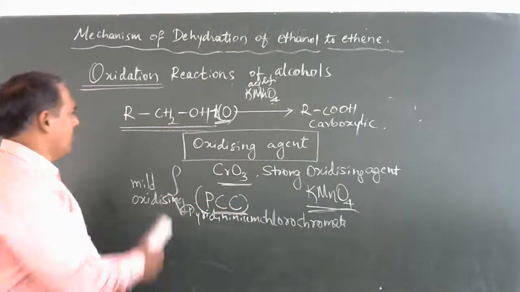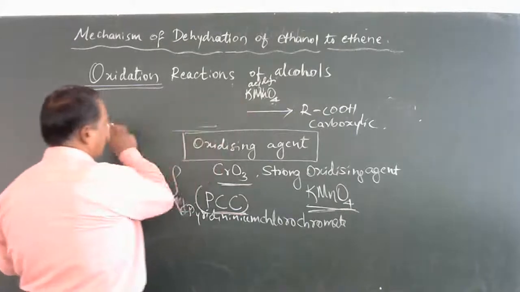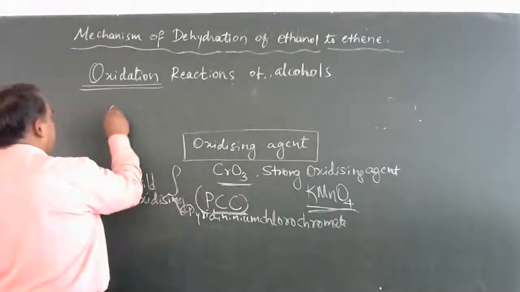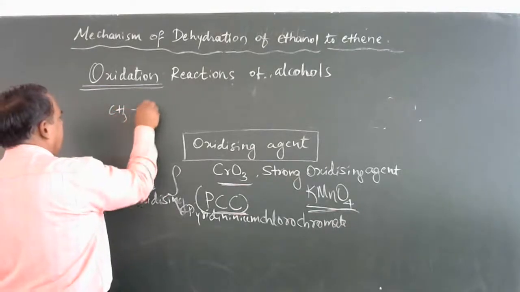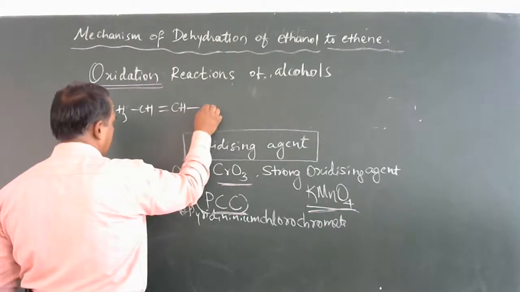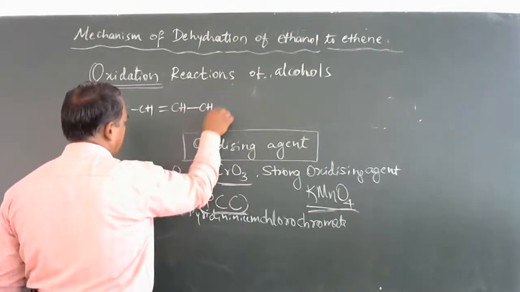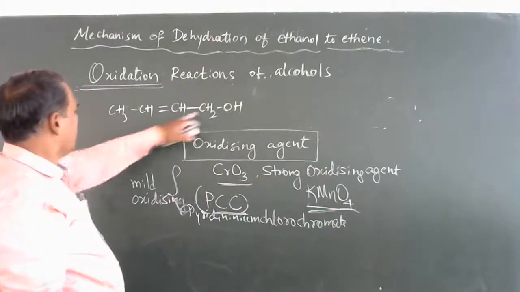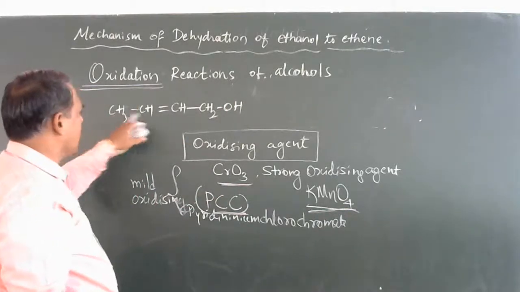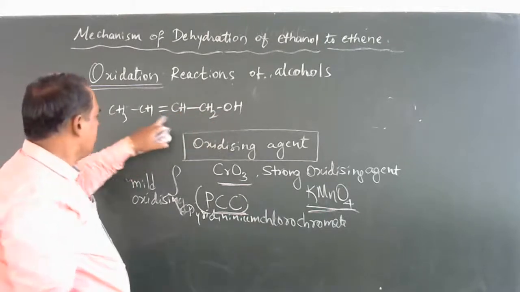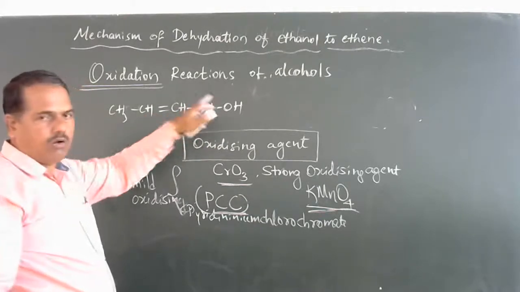One example which you are going to study is CH3-CH=CH-CH2OH. So it is 1, 2, 3, 4, but-2-en-1-ol.